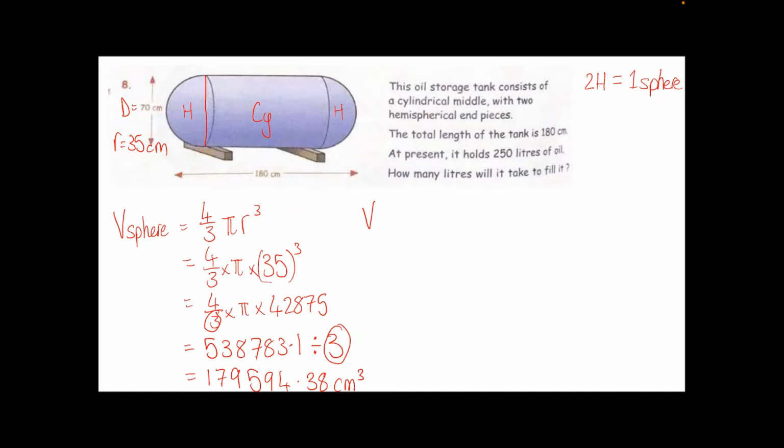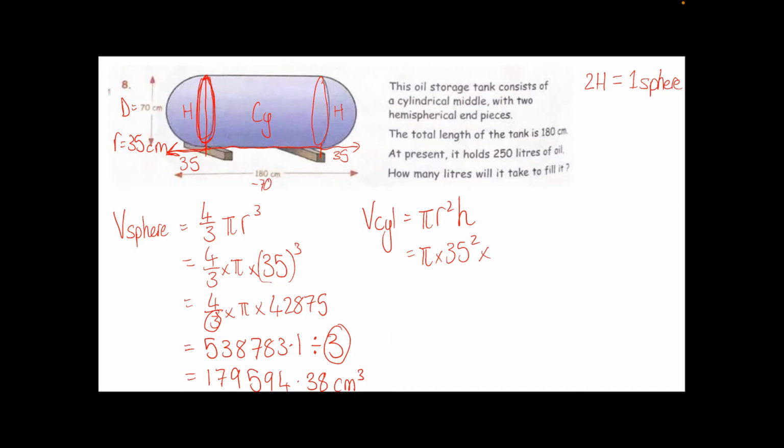The volume of our cylinder then is our pi r squared times by the height. Our radius of the cylinder is going to be exactly the same as the radius of our hemisphere or the full sphere there because they are joined together. So I'm still doing 35 squared, and then the height of my cylinder is just this section here. We know that our radius of our hemispheres is 35. So really I'm saying I've got 35 here and I've got 35 here.